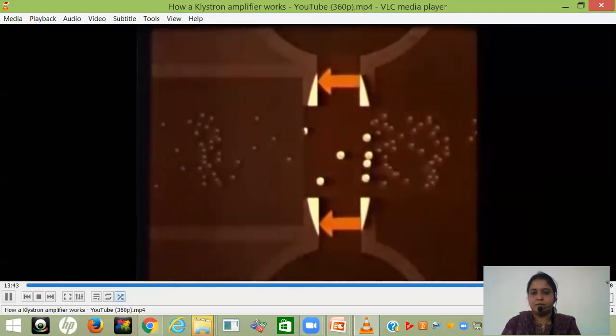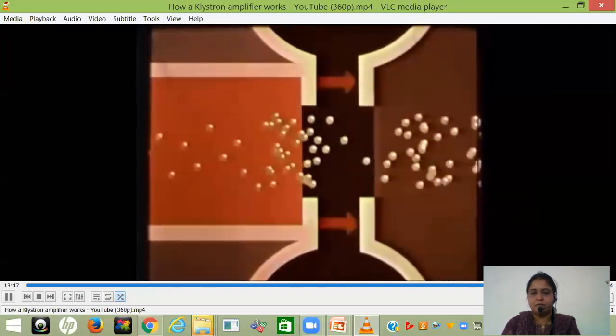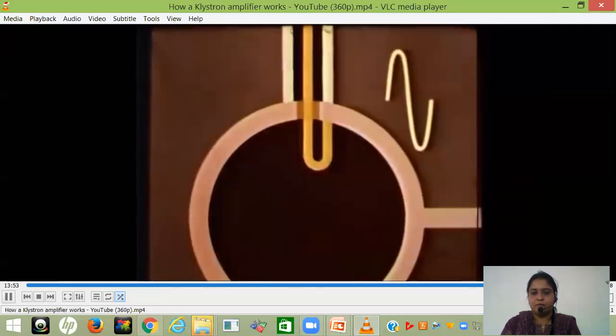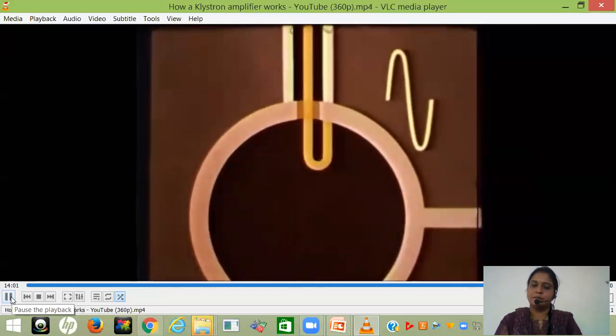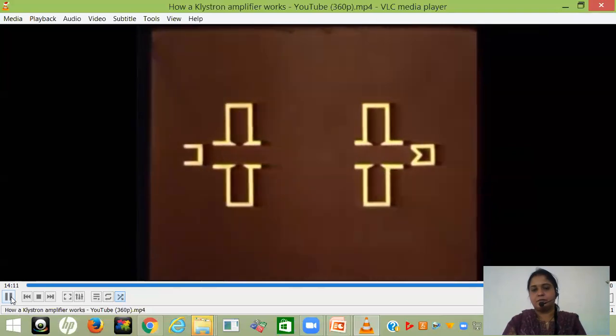The result is that almost all the kinetic energy is converted into electromagnetic energy, the electromagnetic energy of the field which produces the output signals. If the amplification of such a two-cavity klystron is too low, then multi-cavity klystrons may be used.